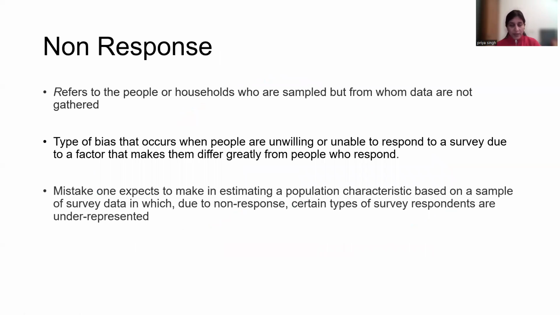Now, coming to the concept of non-response, it refers to the people or households who are sampled but from whom data are not gathered. This is a type of bias that occurs when people are unwilling or unable to respond to a survey due to a factor that makes them differ greatly from people who respond.